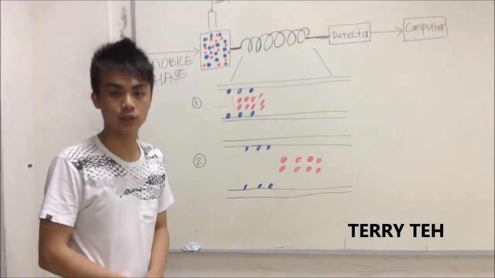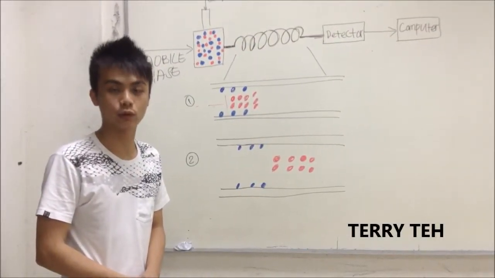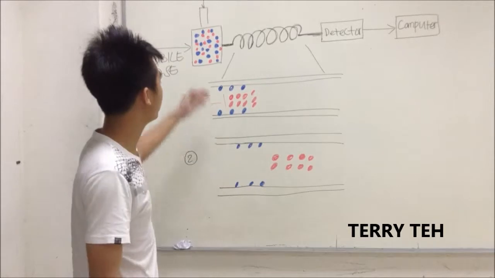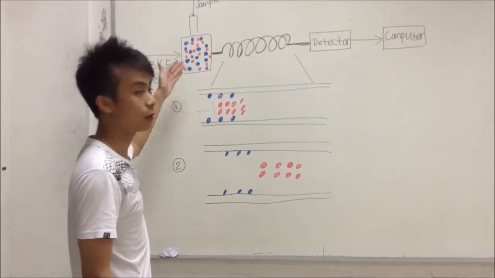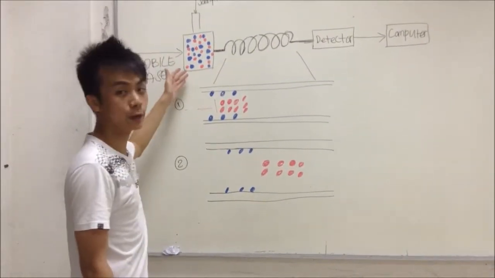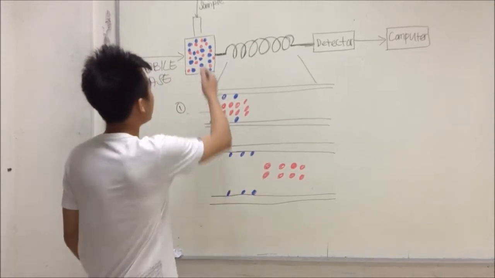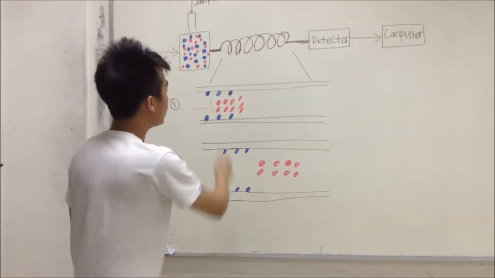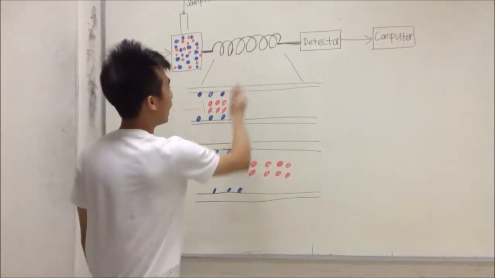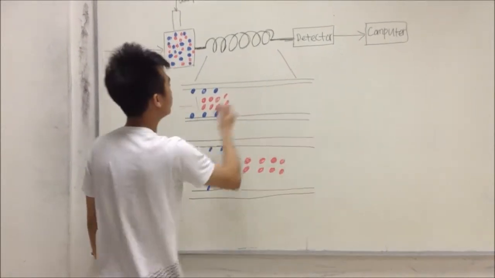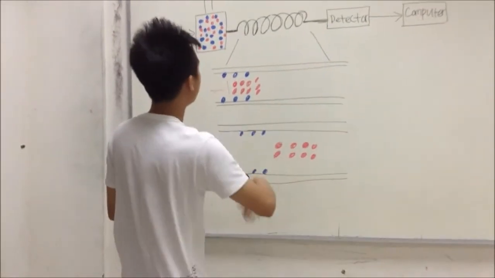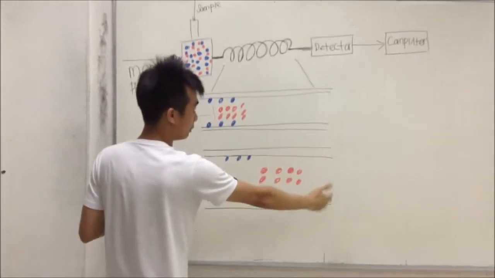Now the second stage of the process of gas chromatography. First, let's assume the red dot is compound A and the blue dot is compound B in the sample. The longer the coil, the higher the efficiency of the detector to detect the data. This is what happens in the box.